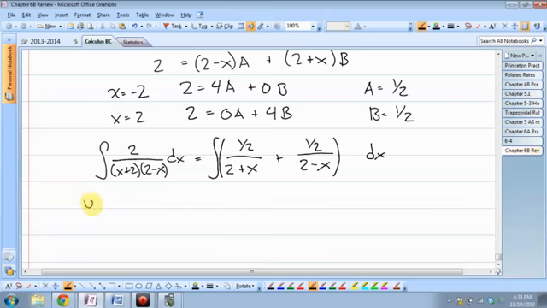So let's say u1 equals 2 plus x. So du1 is equal to dx. u2 is equal to 2 minus x. So du2 is equal to negative dx.